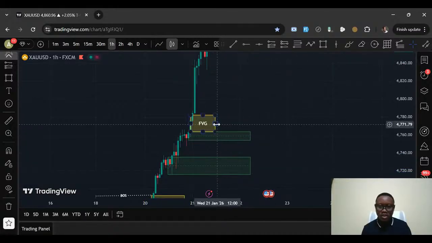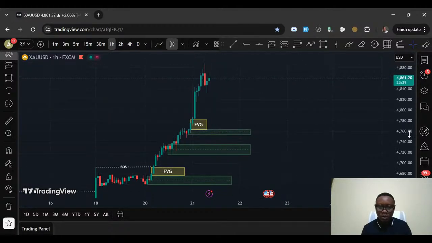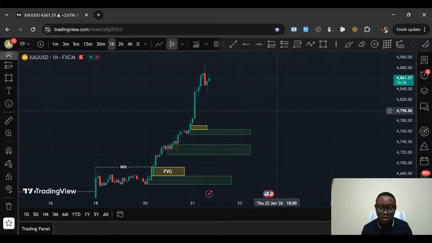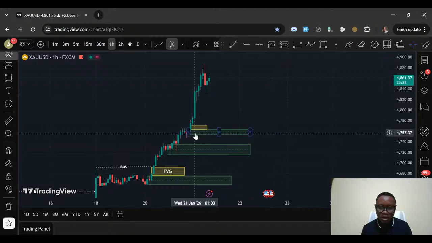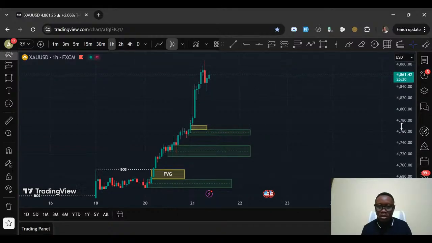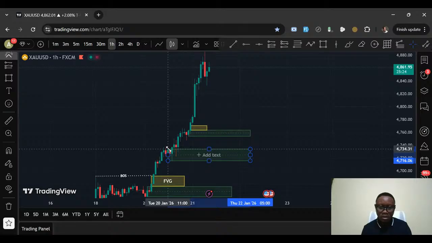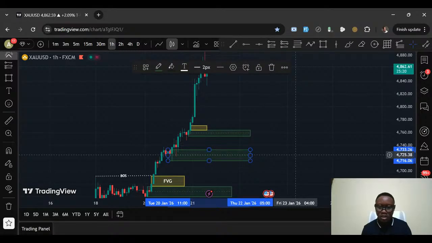Okay, for FVG, we'll minimize it a little. So this is our FVG on the 4H, sorry, on the 1H time frame, and this is our order block zone. Okay, good. Now for this, still doesn't have an FVG. Still watching.